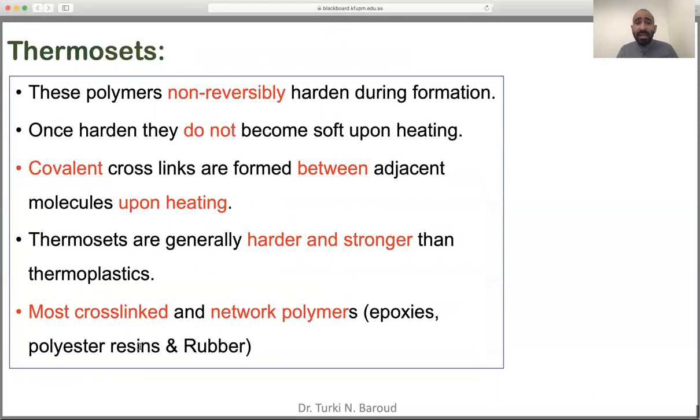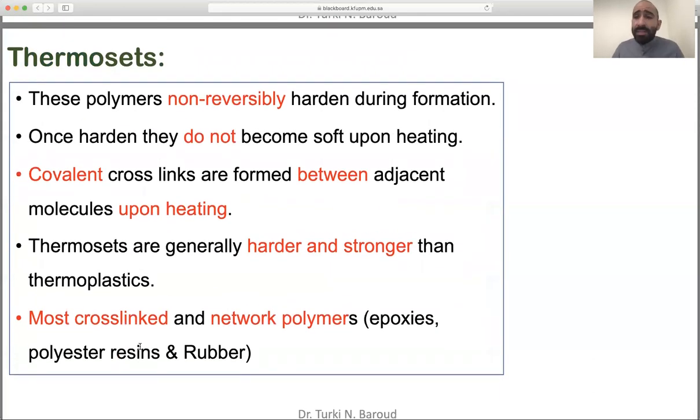However, the last slide here I have is the thermosets. Those kinds of polymer, when you heat them up, you are non-reversibly hardening those polymers, because you're going to create more and more cross-links between these polymers. So you make them stick more to each other, so they become harder.